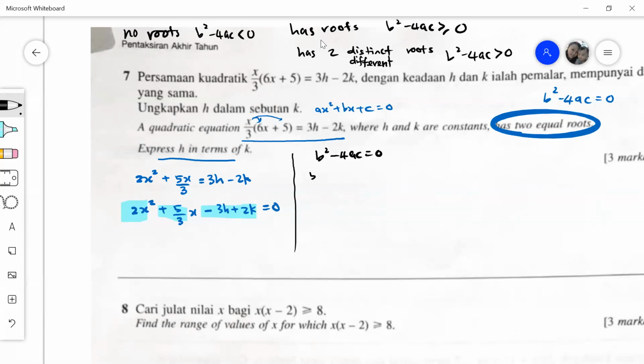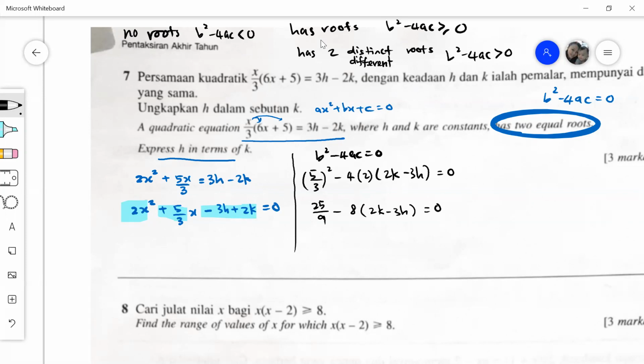Now next, just put b squared minus 4ac equals 0. The b will be 5 over 3. Square it, minus 4. a is 2. c is this whole thing. So normally we put the positive in front, negative at the back, equals 0. This one, 25 over 9 minus 8 times 2k minus 3h equals 0.